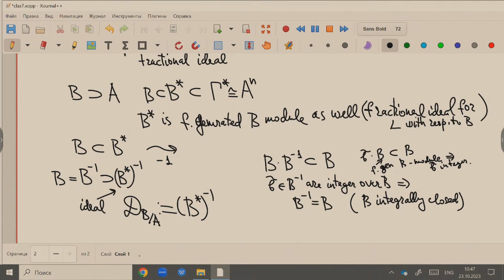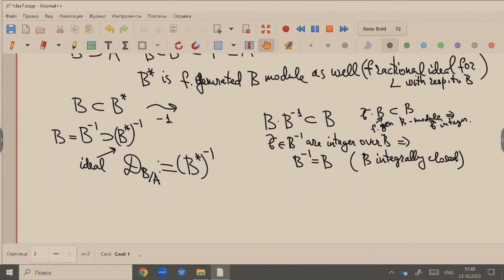It is the starting point of the theory when we want to say that the inverse of the ideal is a good object, so that you have to have at least the unit element. So that's why we have only the option to have B as the unit element in the group of ideals.